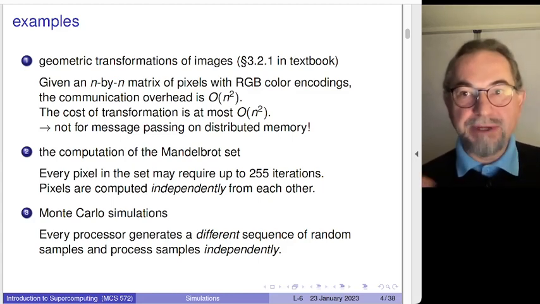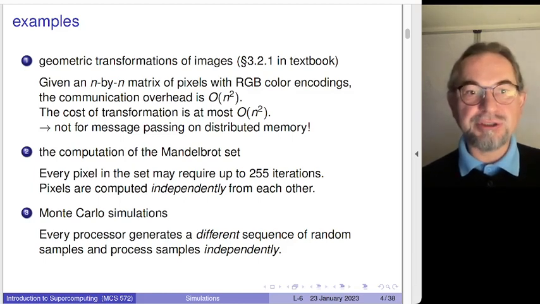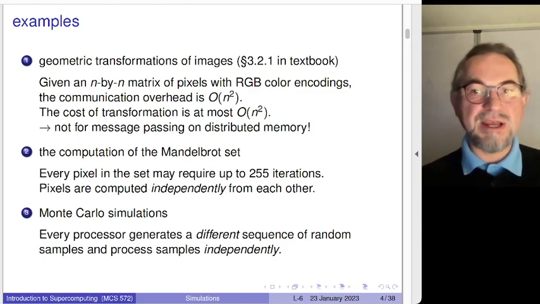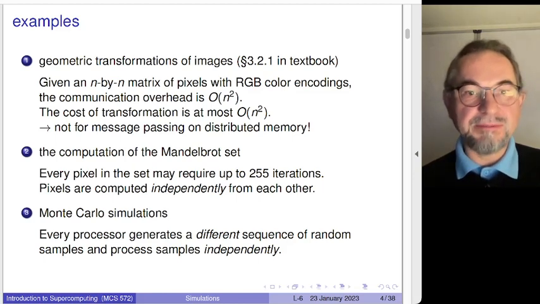So one has a big matrix of numbers representing an image, and all the pixels can be independently adjusted. One can go from a red, green, blue color encoding to a grayscale, for example. And one can do all these computations in parallel independently.